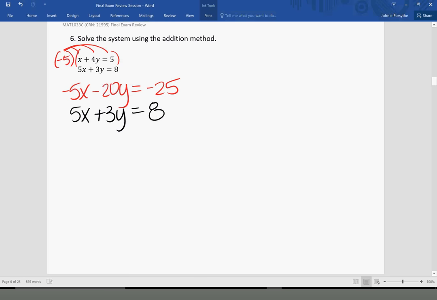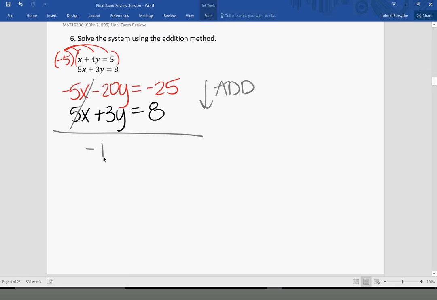Now I'm ready to add these equations vertically, and it's going to eliminate a variable. -5x plus 5x cancels out. That was my goal. So now I have -20y plus 3y.